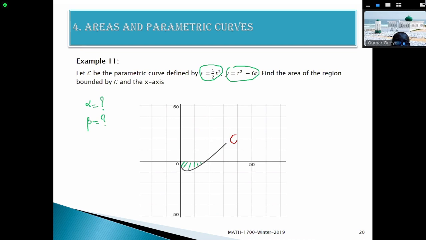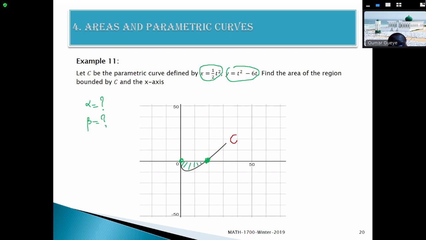So that's why before calculating the area, we need to know these two values, okay? And be careful, the values are not equal to the point where the curve crosses the x-axis. No, these points are where t is equal to alpha. So the first point here is when t equals alpha, and the second point is when t equals beta. And these two points correspond to the x-intercept, which means where the curve crosses the x-axis.